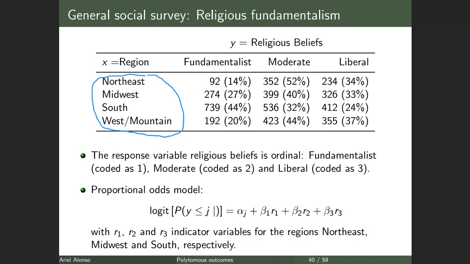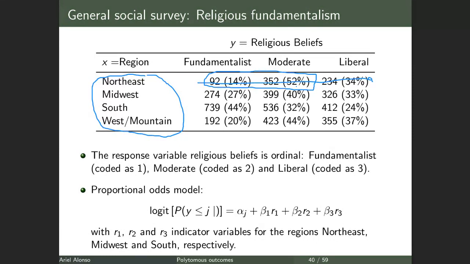And for each region, you have 2 independent proportions here. The saturated model will consider two parameters for each region. Why? Because these sum to 1. In each row, the probabilities sum to 1. 14 plus 52 plus 34, that's 100%. So you need 2 parameters for each region. You have 4 regions times 2 parameters. You will get 8 degrees of freedom.